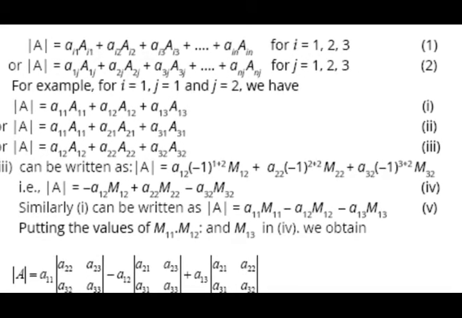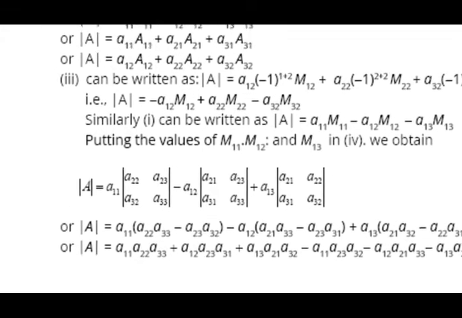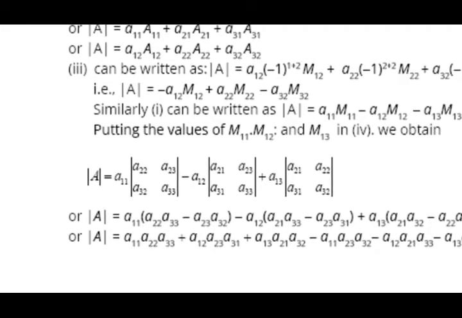Similarly, the determinant of A is equal to a11 times minor M11, minus a12 times minor M12, and in the last, plus a13 times minor M13, and we replace the minors with their values.